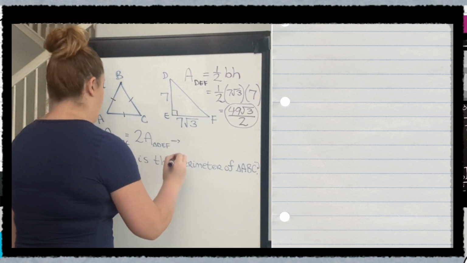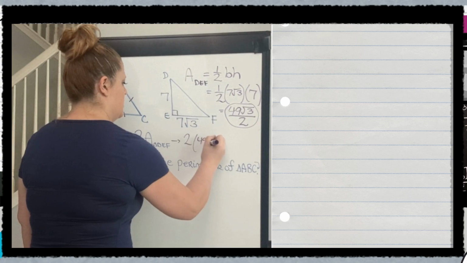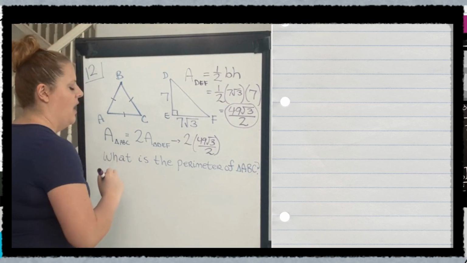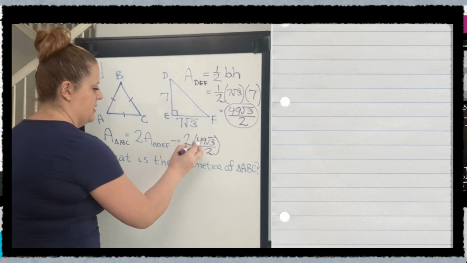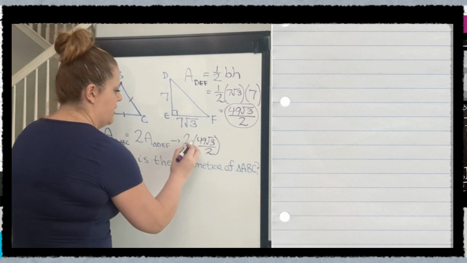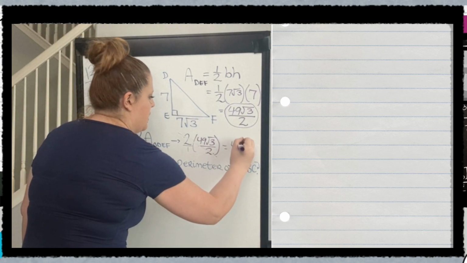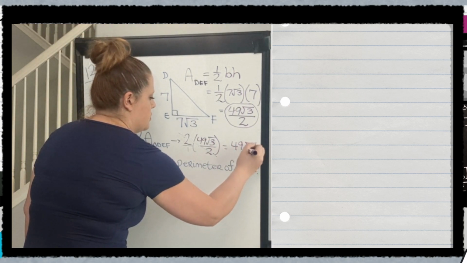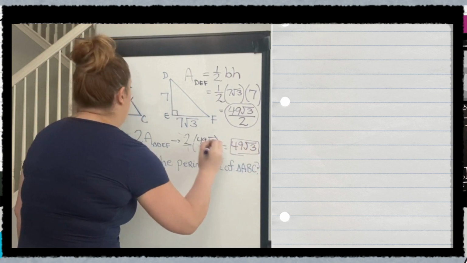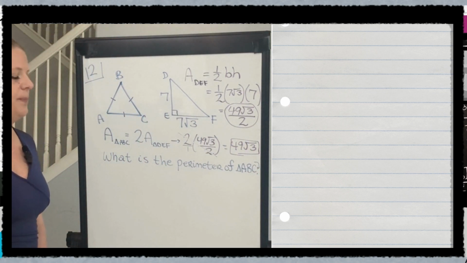I'm going to say 2 times 49 square root of 3 over 2. Now, if you notice, that 2 just cancels out. So it just becomes 49 square root of 3. That's our area over here of ABC.